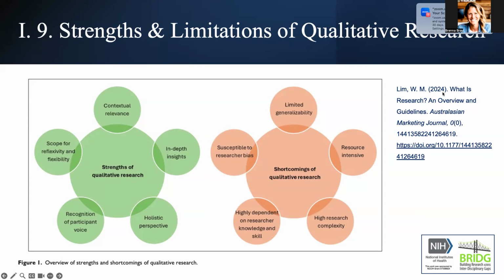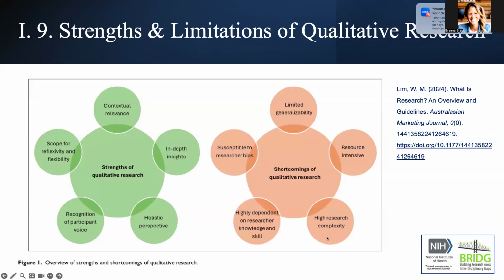Qualitative research is very resource intensive. It takes a lot of time and engagement with the data. That might be counterintuitive to some folks. We might think, oh, well, the primary data collection source is the researcher, so it's kind of low cost, but it does take a lot of time and engagement. So it is resource intensive.